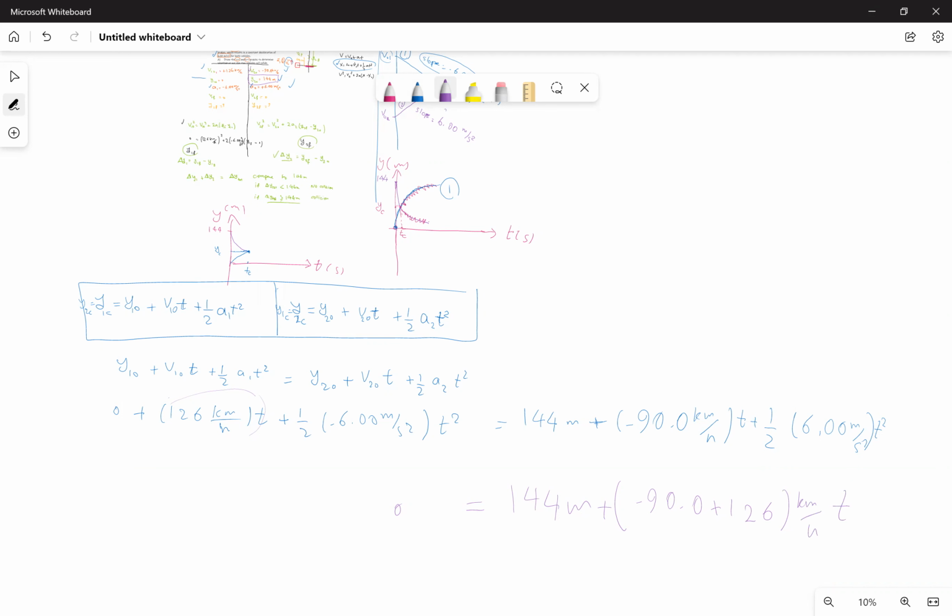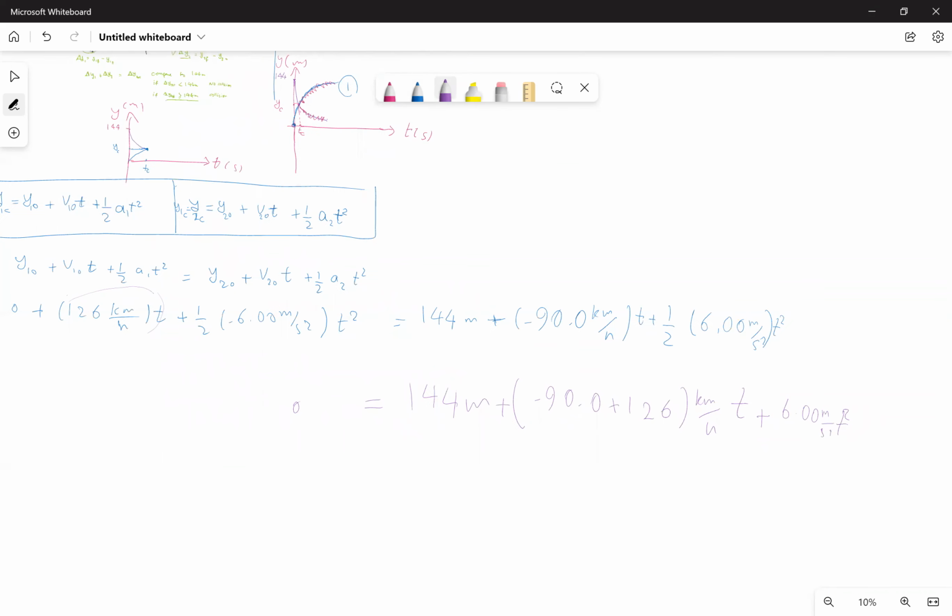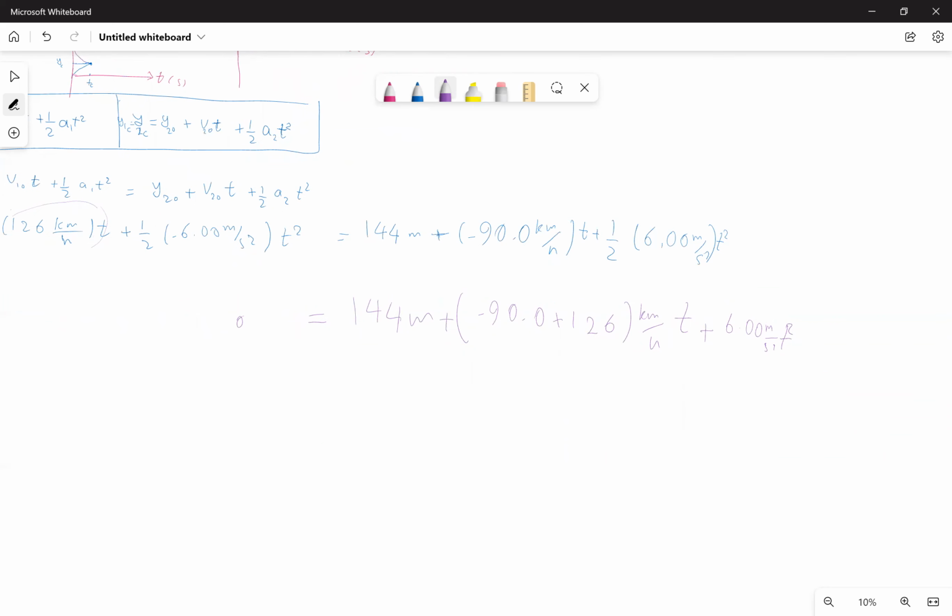You will convert this to meters per second. On one hand side, I have 6 divided by 2, 3 times t squared, and here negative 3 times t squared. 3 plus 3 is going to give me 6.00 meters per second squared t squared. Sorry, I meant to write negative 126 kilometers per hour.